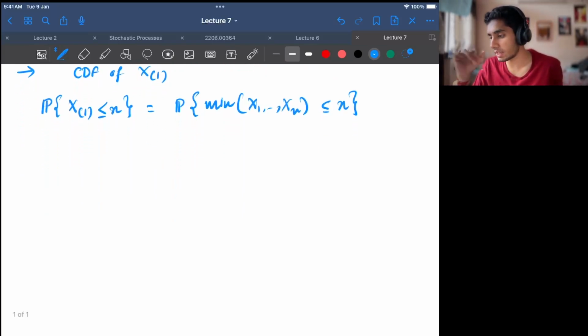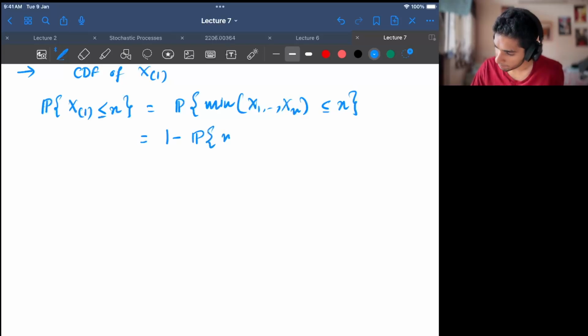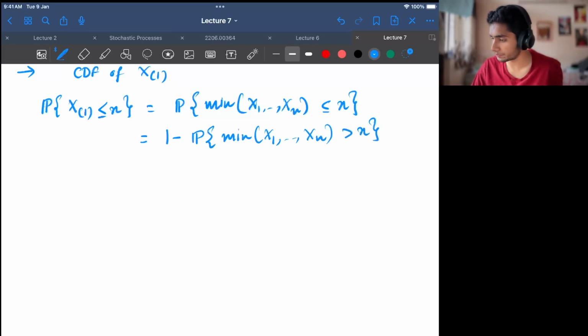I can write this probability as 1 minus the probability of the complement, 1 minus the probability that min of x1 till xn is greater than some small x.